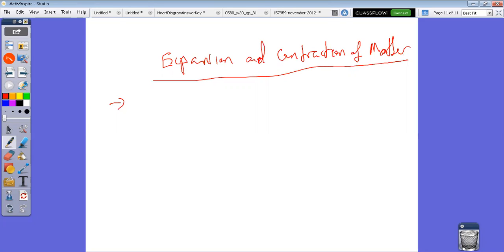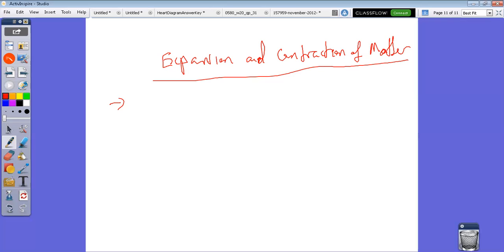When does expansion take place? When we heat matter. When we heat solids, liquids, and gases, the volumes increase. That's what we're talking about as expansion. Are we together?